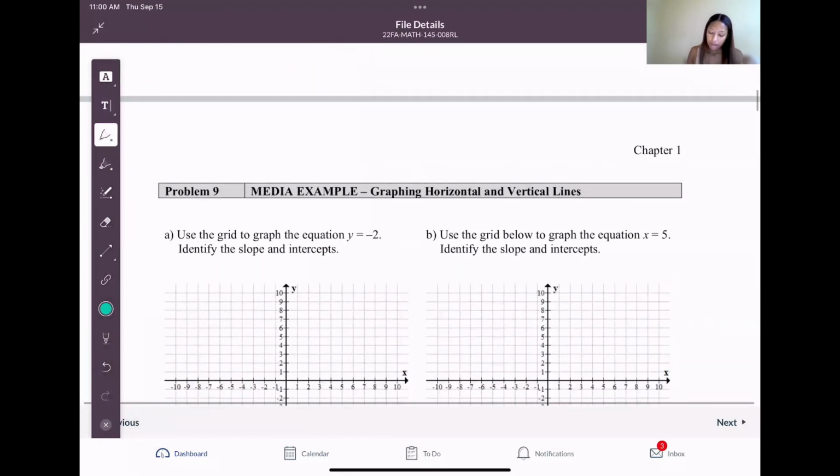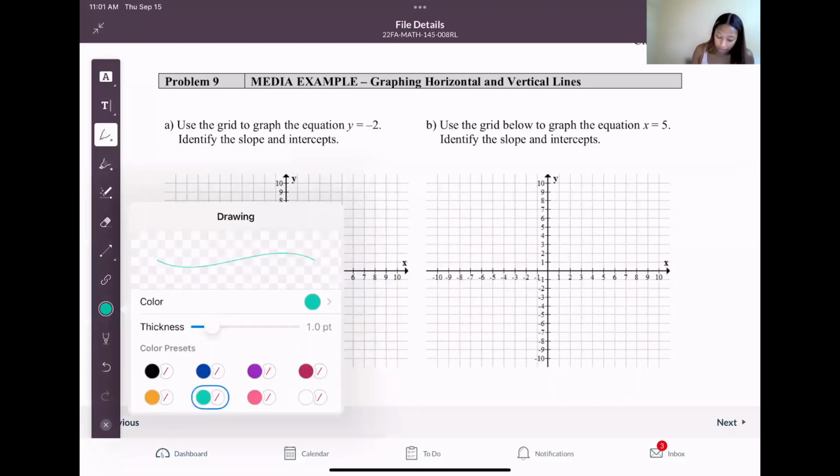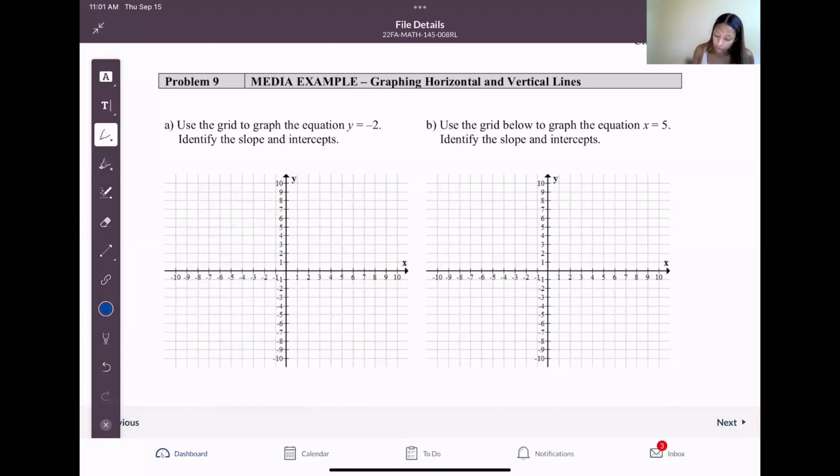Okay. And then problem 9 is an immediate example where we talk about vertical and horizontal lines a little bit more. A horizontal line is always going to be written as Y equals some number. And the graph will cross the Y-axis at that number. So Y equals -2 is the horizontal line that crosses the Y-axis at -2. And then we're asked to identify the slope.